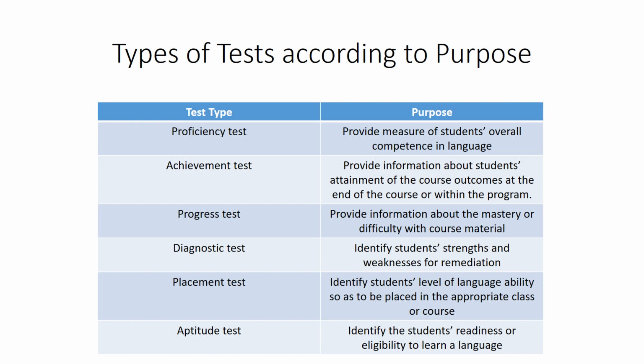So the student who has applied for a proficiency test has not necessarily studied a course prior to the test. Is it clear? So the first feature of the proficiency test is that it is not based on a specific content or a specific course. Its purpose is to measure the overall competence of the candidate in language.